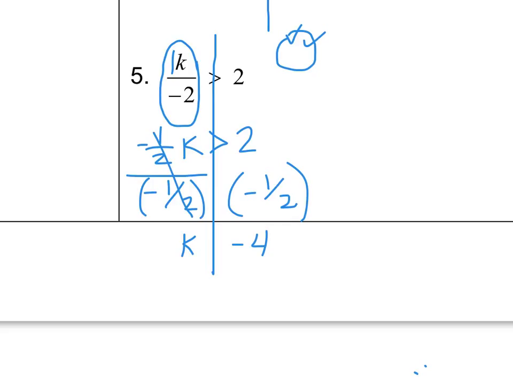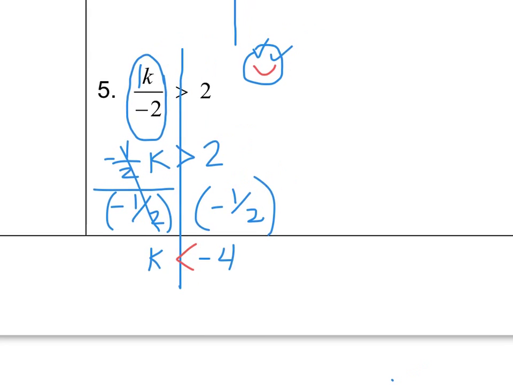When I am dealing with an inequality and I get to negative checker, if I've had to divide or multiply by a negative, which is what causes the negative checker to happen, I have to flip my inequality sign here at the end. So right now, I have a greater than inequality sign, but now I'm going to flip it. And that gives me my smiley face.